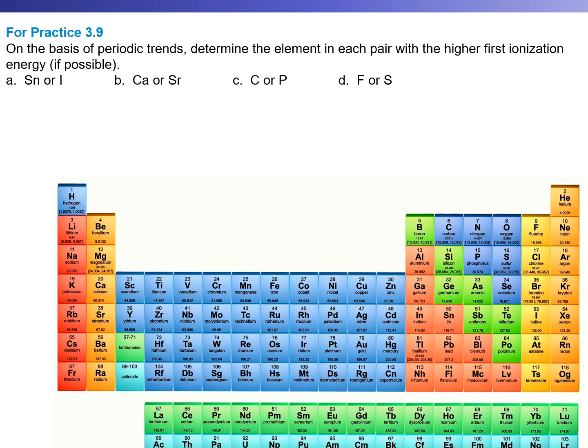So problem 3.9 wants us to determine which of the two elements has the highest first ionization energy. So probably need to define what the first ionization energy is, and that is the energy required to remove that first electron from the valence orbital. That's what that is.